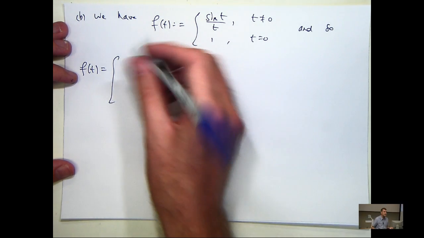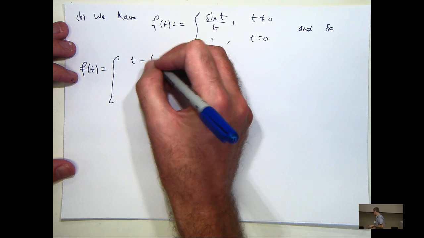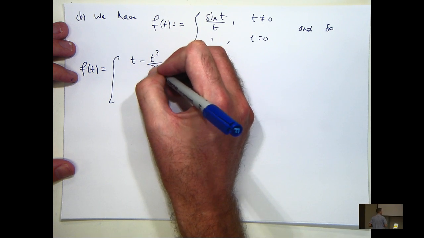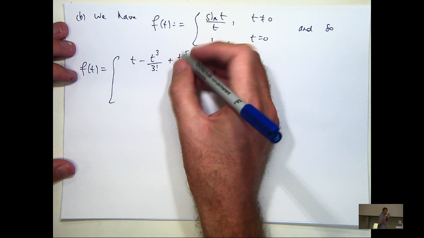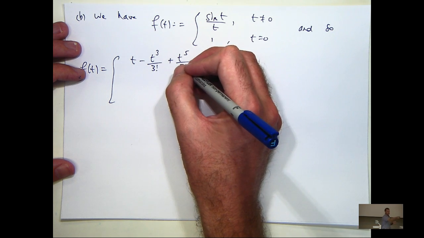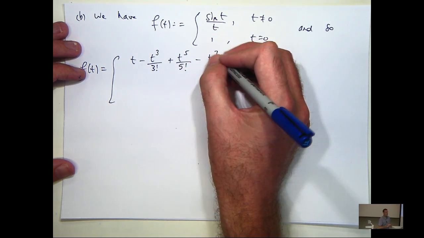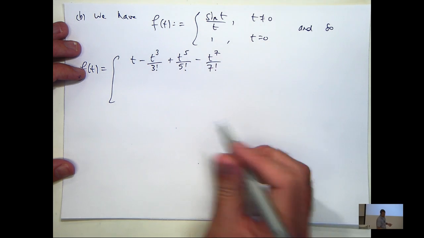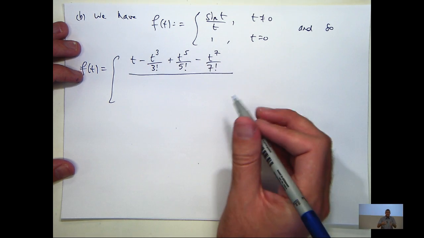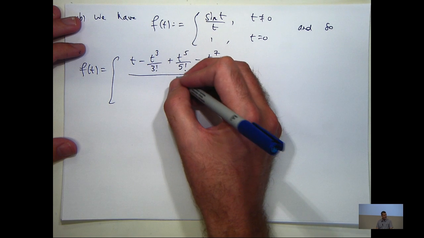Okay, so sine of t is just t minus t cubed on 3 factorial. So we keep on going with the odd powers and the odd factorials.